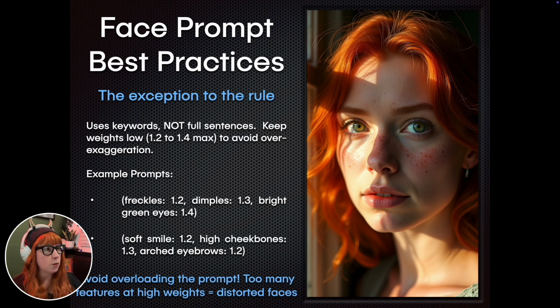Don't go nuts with this crud. And keep them low to avoid over-exaggeration. Example prompts: freckles, 1.2, dimples, 1.3, bright green eyes, 1.4. Soft smile, blah, blah, blah, blah. Avoid overloading the prompt. Too many features at high weights will give you distorted faces.